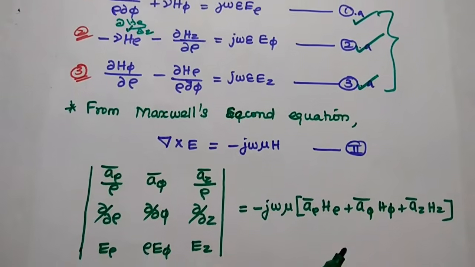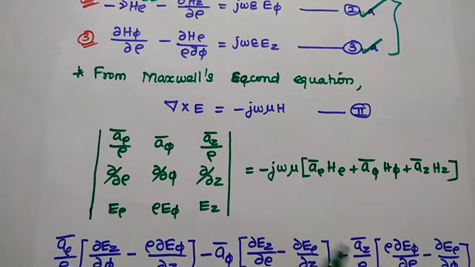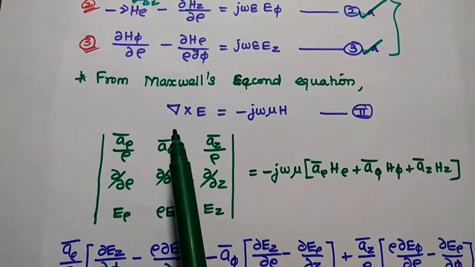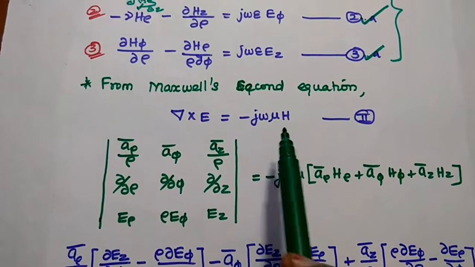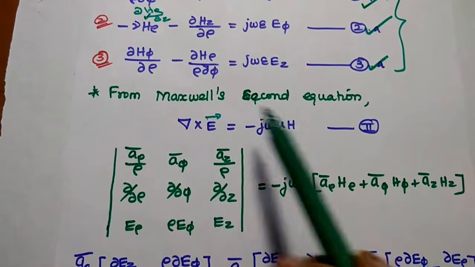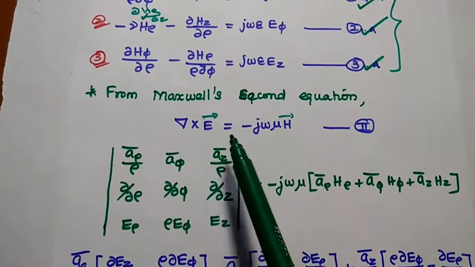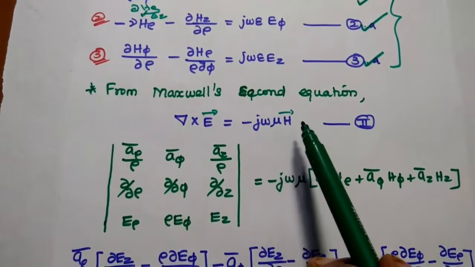Okay. So we are going to consider Maxwell's second equation. Here we can take the second equation, del cross E is equal to minus j omega mu H. Actually it is a vector. Okay. So del cross E vector is equal to minus j omega mu H bar.